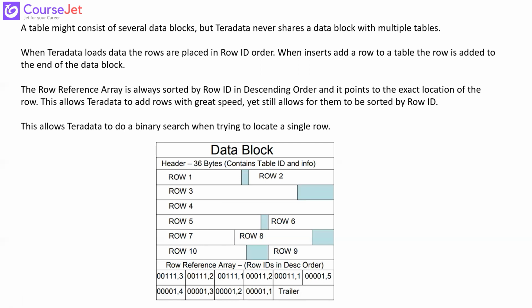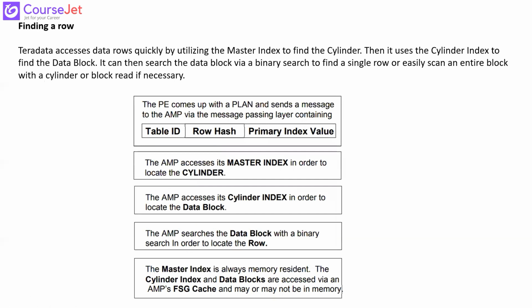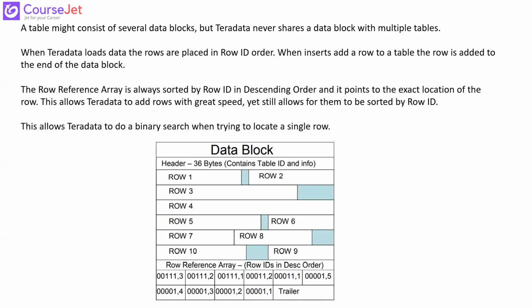So basically, this data block contains the rows as we saw here. Different sorting algorithms exist, like bubble sort, binary sort.